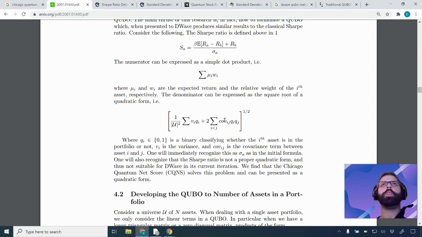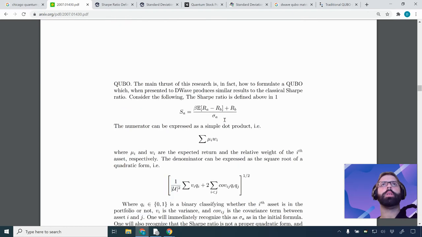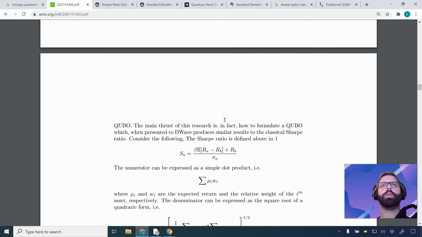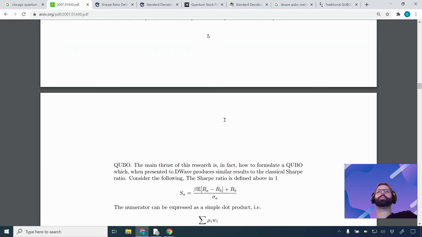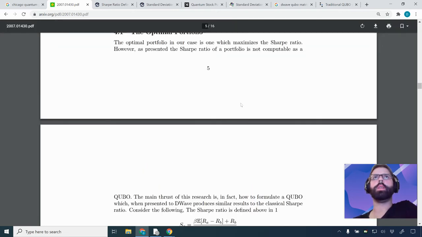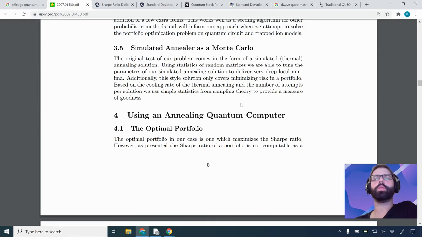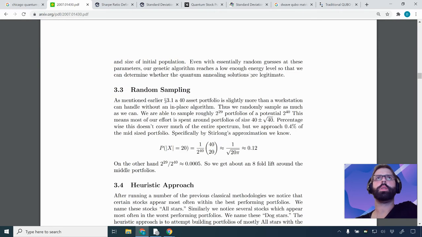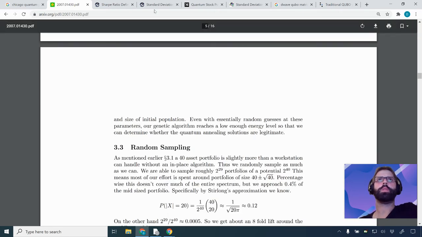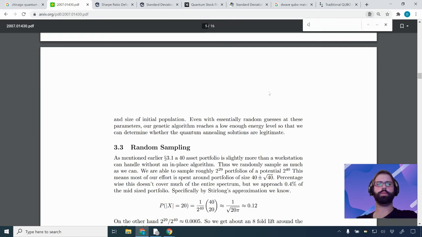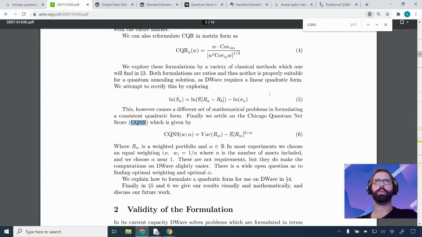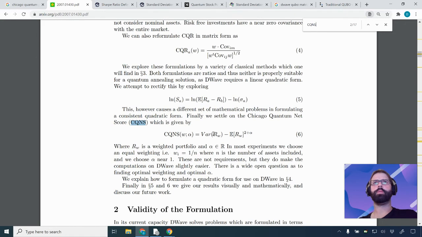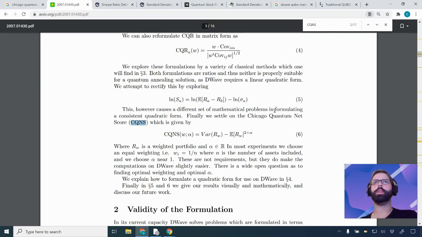But what is CQNS finally? I hate that this scrolls so slowly. So this is CQNS. So this is variance minus whatever this is. What is this E? How can I find these? How are these things called?